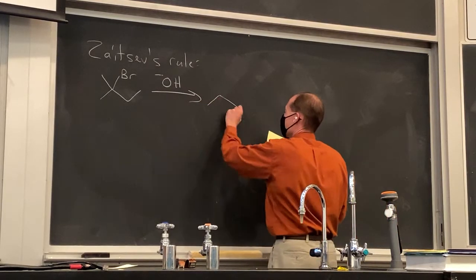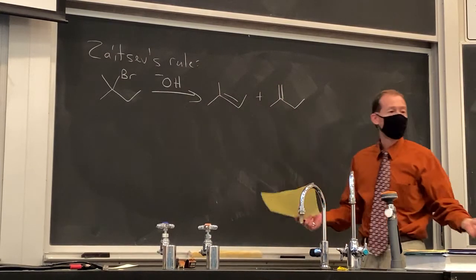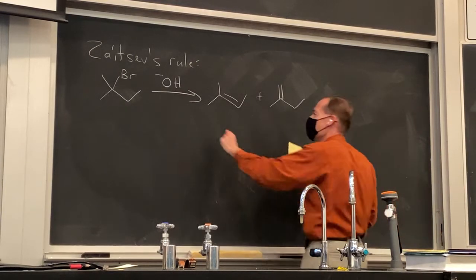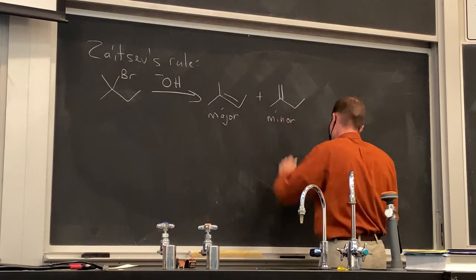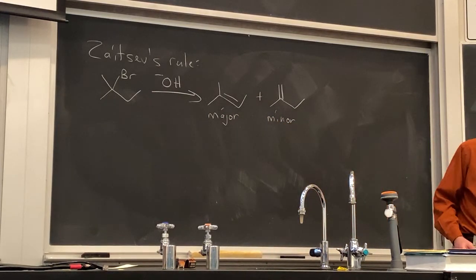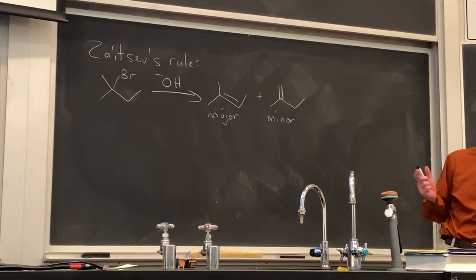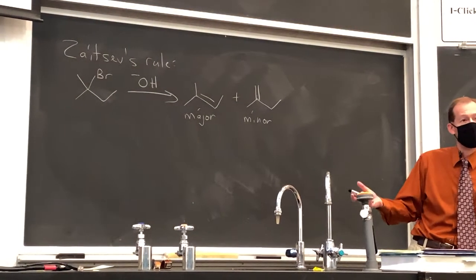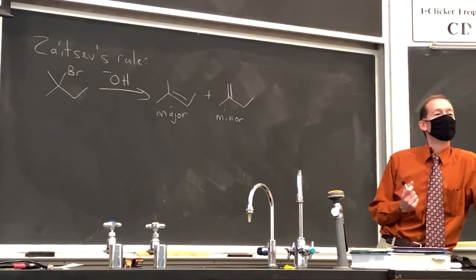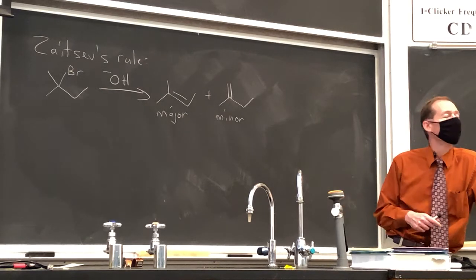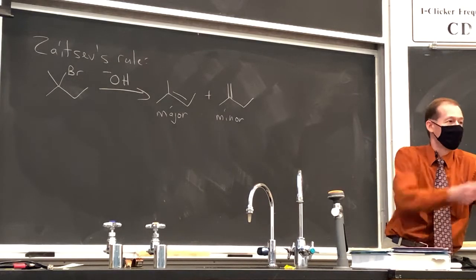So Zaitsev ran this reaction, or one very similar to it, and what he observed was that the more substituted alkene was the major product, and the less substituted alkene was the minor product. Okay? So why is that? That was an empirical observation that he made, and he published his results, and so he got this rule named after him. But we need to be able to understand and explain why this is the case. Why is the more substituted alkene the major product? Yes, please.